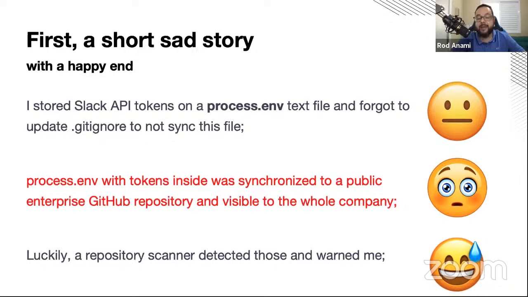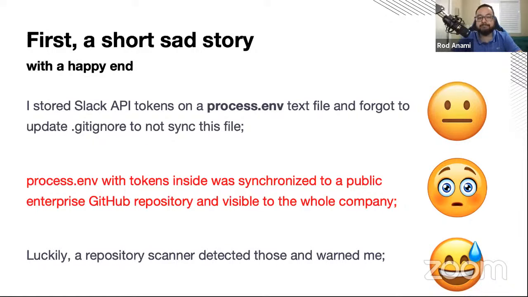And that's what happened. My Slack API tokens, which authorize me to do public messages, create channels, and everything else on our corporate Slack grid, were there on a public GitHub repository and visible to the whole company.